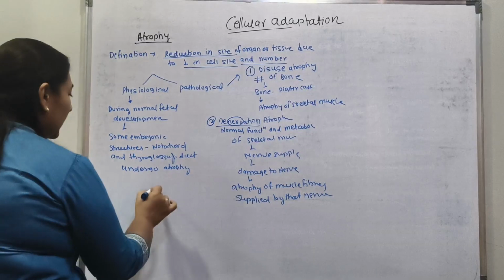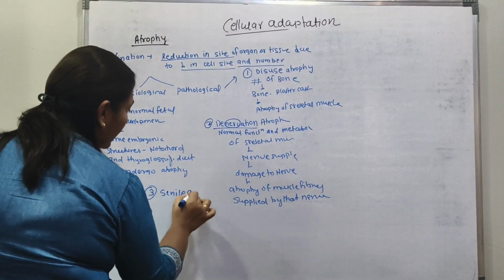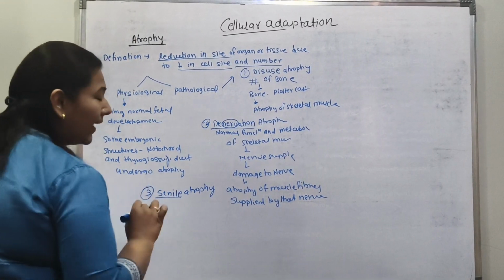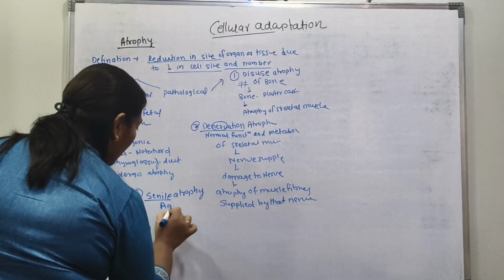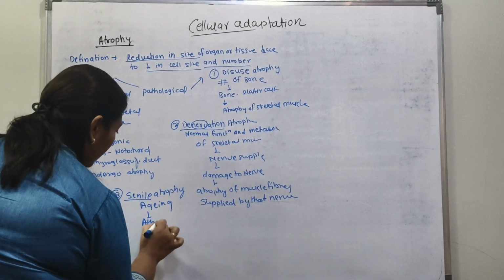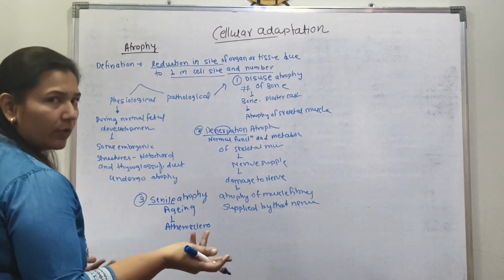Then the third cause is senile atrophy. Senile means age-related atrophy. For example, due to aging there is atherosclerosis. Atherosclerosis is also an aging process.